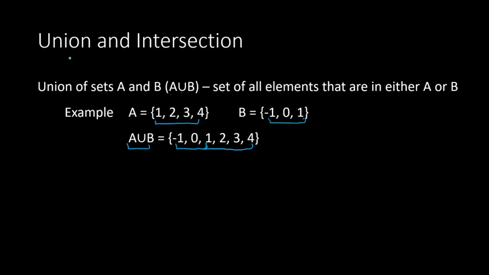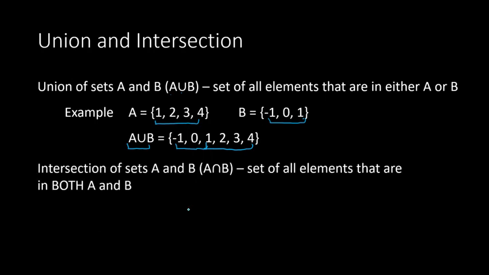And then intersection is where they overlap. So intersection, the symbol, is an upside down U. All right, so it's the opposite of union. And for this one, we need all the elements that are in both A and B. They need to be intersected, or where they overlap.